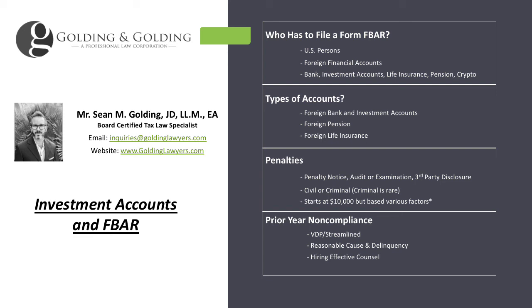There's also the streamlined foreign offshore procedures, the streamlined domestic offshore procedures. There's reasonable cause and there's delinquency. The delinquent international information return submission procedures has been morphed back into a reasonable cause statement under the prior DIIRSP, as it was referred to. If a taxpayer didn't have any unreported income, then generally they could avoid penalties.